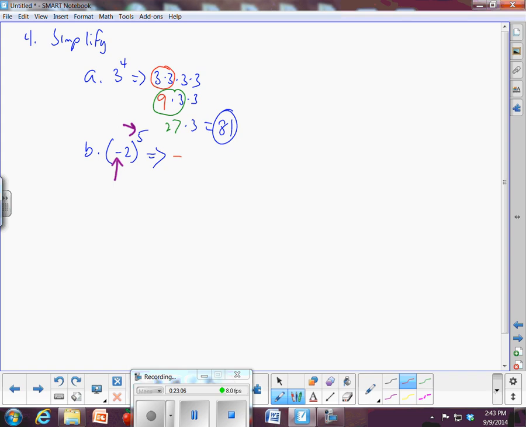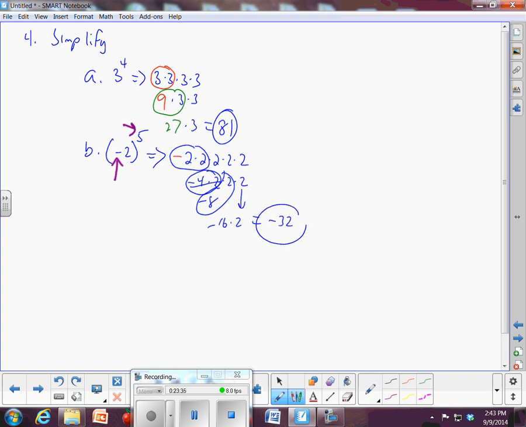Now again, if you don't remember it, just expand it the other way. I'll do 2 times itself 5 times. 1, 2, 3, 4, 5. So again, the traditional way, negative 2 times 2 is a negative 4. Now this one is a negative 8. Now this one is a negative 16, and we bring down that other 2, right? And finally we get a negative 32, and that's the answer.